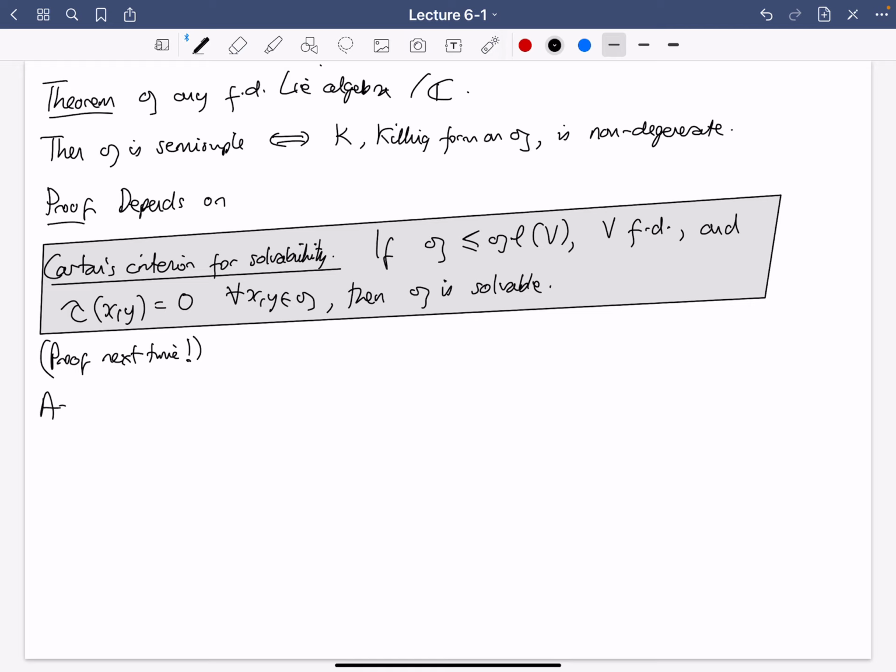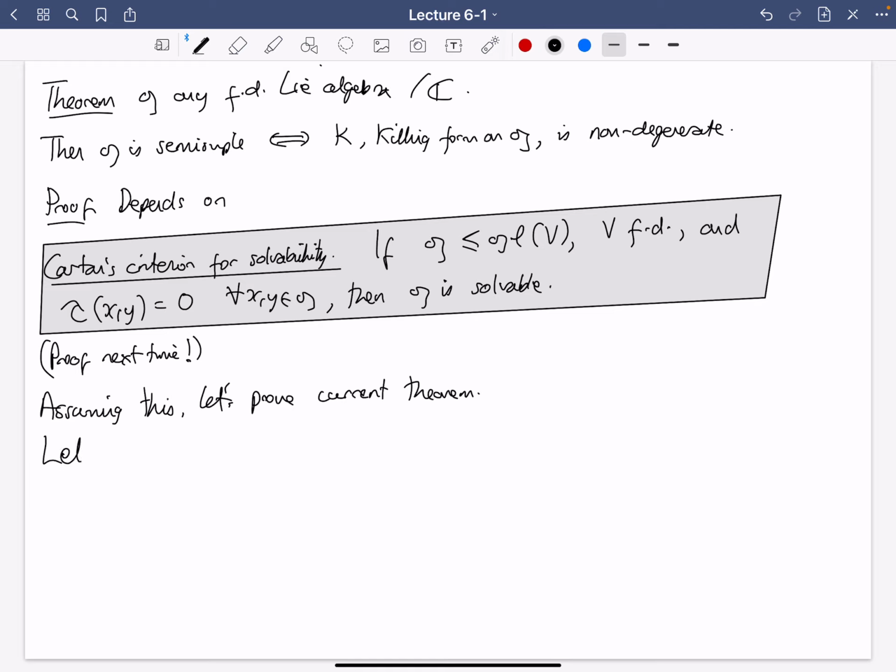So assuming this, let's prove the current theorem. So let me see. I'm going to prove that G is semisimple if and only if kappa is non-degenerate.